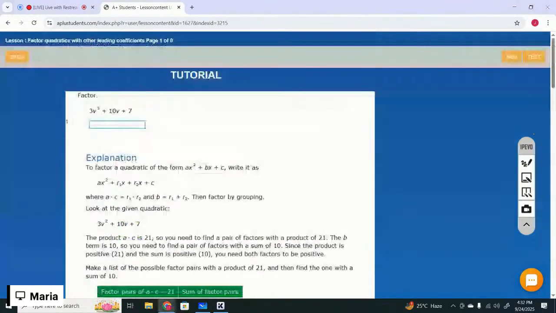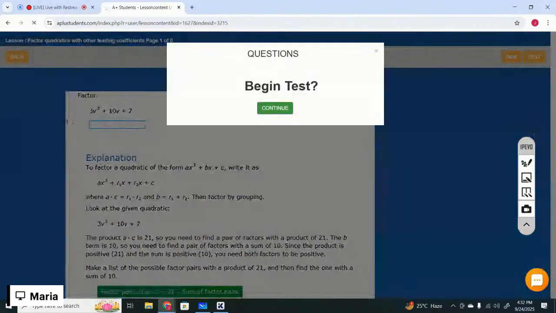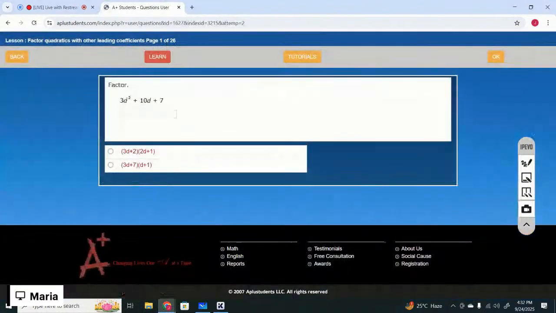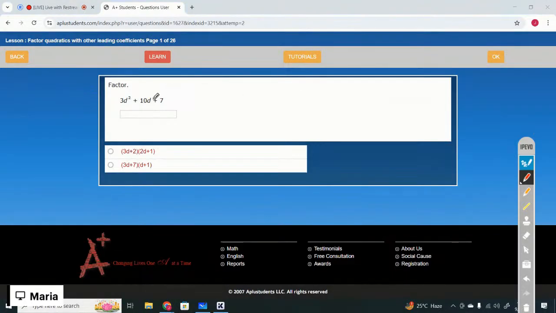Let's just start with the test questions. Factor 3d squared plus 10d plus 7. 7 times 3 is 21 and 10d. 3 times 7 is 21. 3d squared plus 3d plus 7d plus 7.